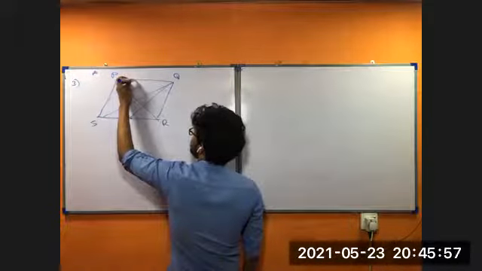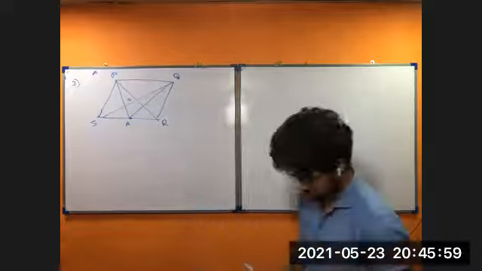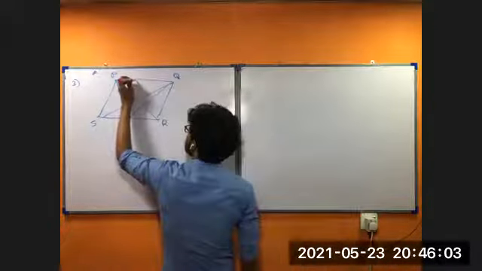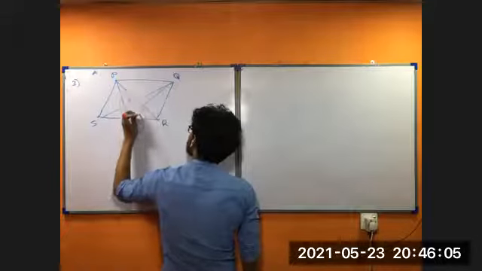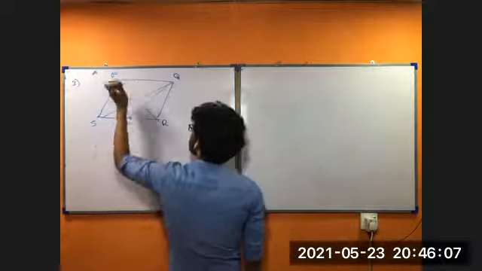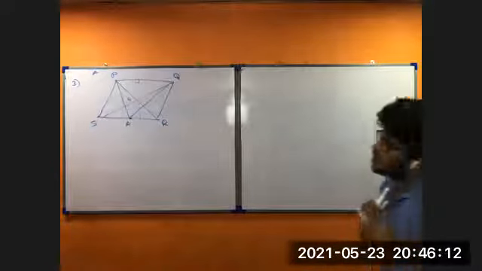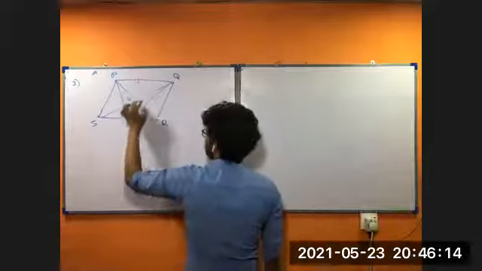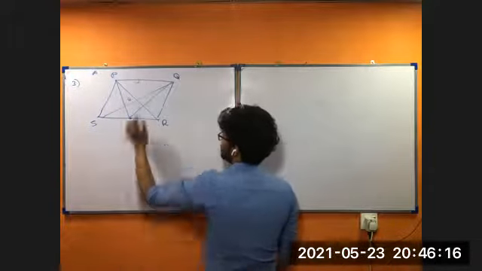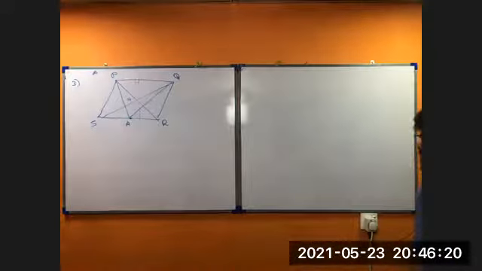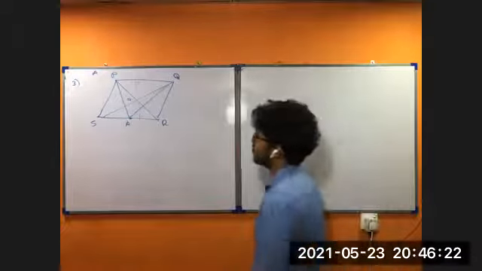So what we can do? You can drop a perpendicular, right? From here to here. So basically, these two triangles are congruent. So their areas are also going to be the same.